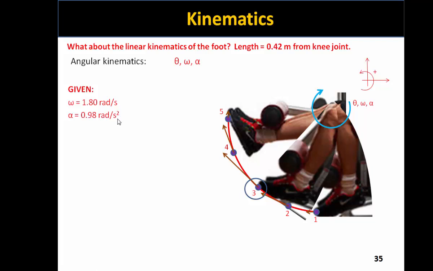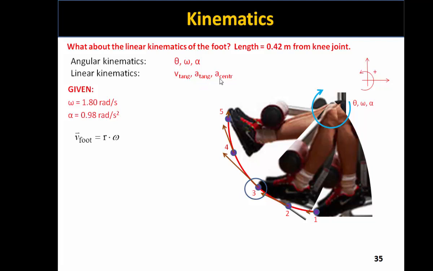And so we have the angular kinematics, theta, omega, alpha. What we want are the linear kinematics of the same part of the foot that was discussed in the previous video. So we want the tangential velocity, we want the tangential acceleration, and we want the centripetal acceleration that will direct us towards the resultant acceleration.